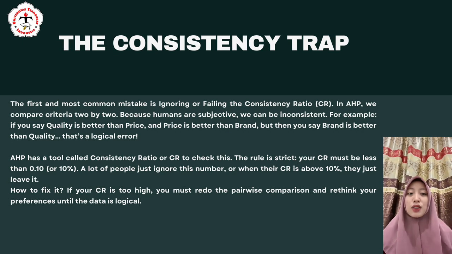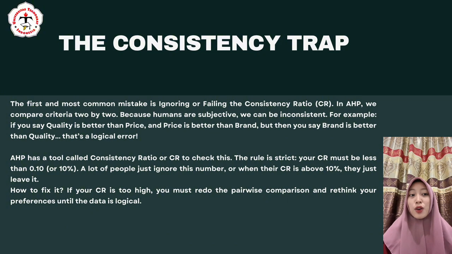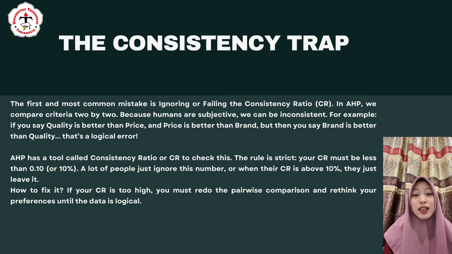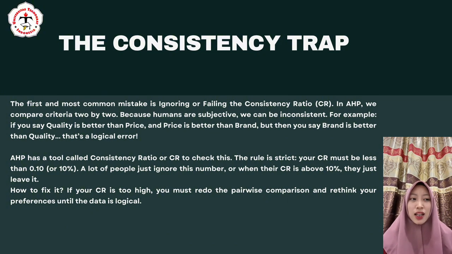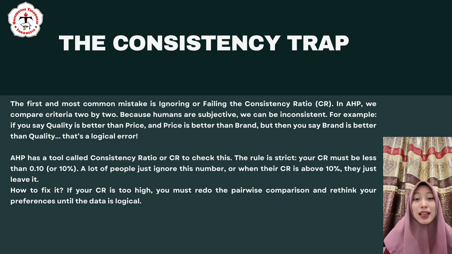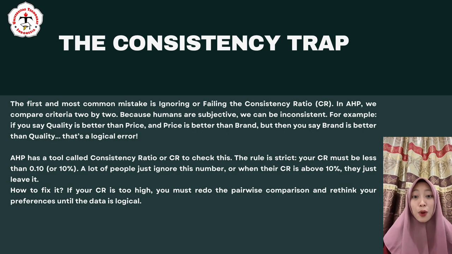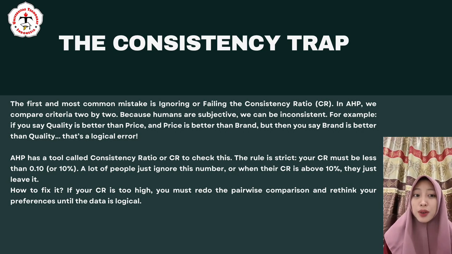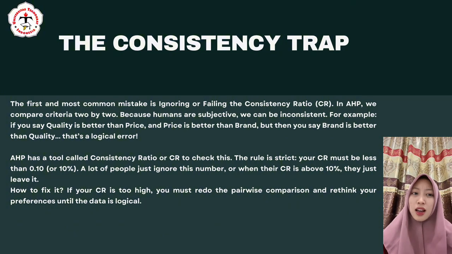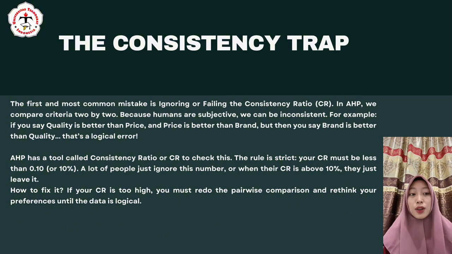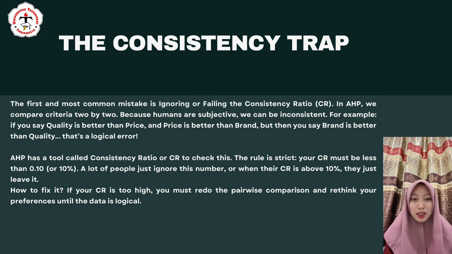AHP has a tool called consistency ratio, or CR, to check this. The rule is strict. Your CR must be less than 0.10 or 10%. A lot of people just ignore this number, or when their CR is above 10%, they just leave it.